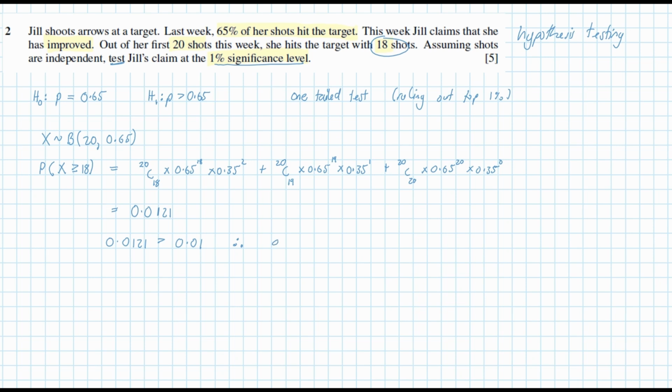So we're going to therefore accept H0 and say there is insufficient evidence to suggest she has improved at the 1% significance level.